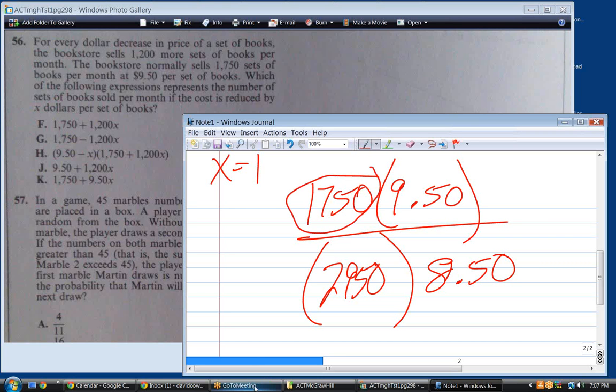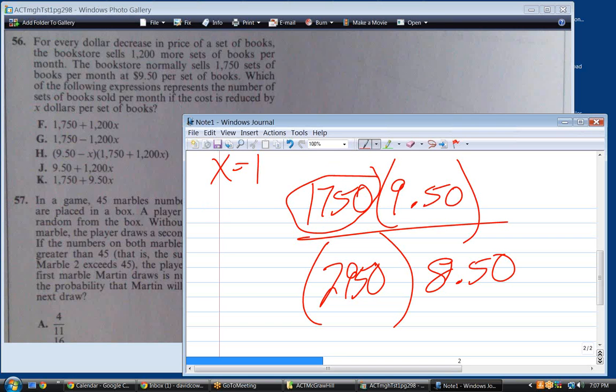So, F. Right here, H. H? Okay. Notice that when x is 1, the price drops to $8.50 and the number of sets goes up to $29.50. Oh, okay. So this is going to be the only one that gives me the right answer.